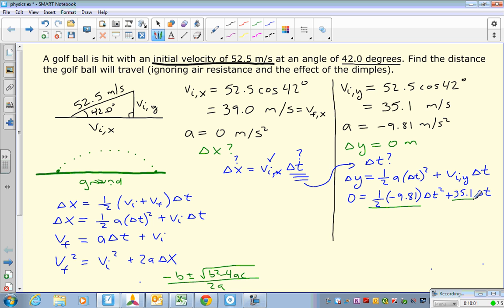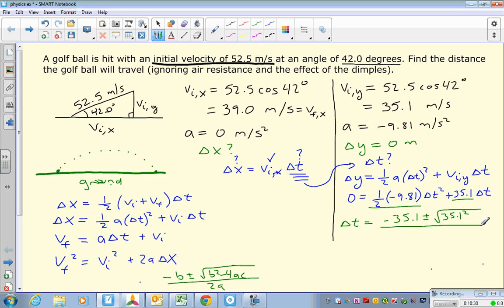So using our quadratic formula, delta t is equal to negative b, so negative 35.1, plus or minus the square root of b squared, 35.1 squared, minus 4ac. Well, we just established that c was 0, so that 4ac term completely disappears. So it makes life simple for us.